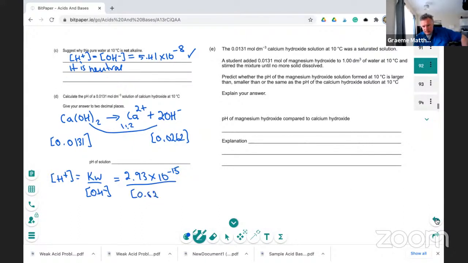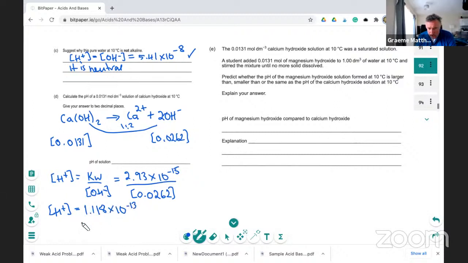So H plus is 2.93 times 10 to the negative 15 divided by 0.0262. I got 1.118 times 10 to the negative 13.